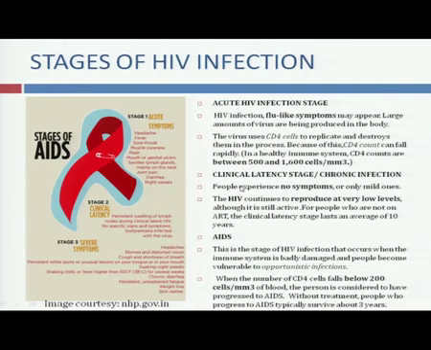I have a question for you at this stage. Now, we have discussed that at the chronic infection stage the HIV is replicating only at a low level and the person does not show any symptoms at all, or even if the symptoms are there, they are very mild. The person does not really seem to be very ill.